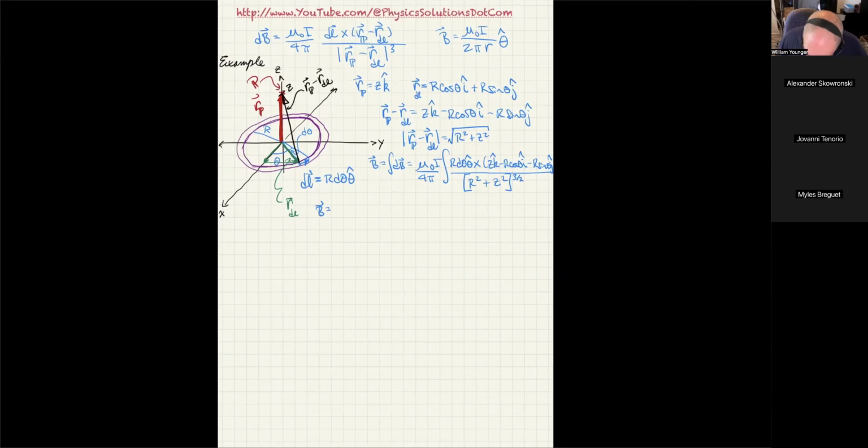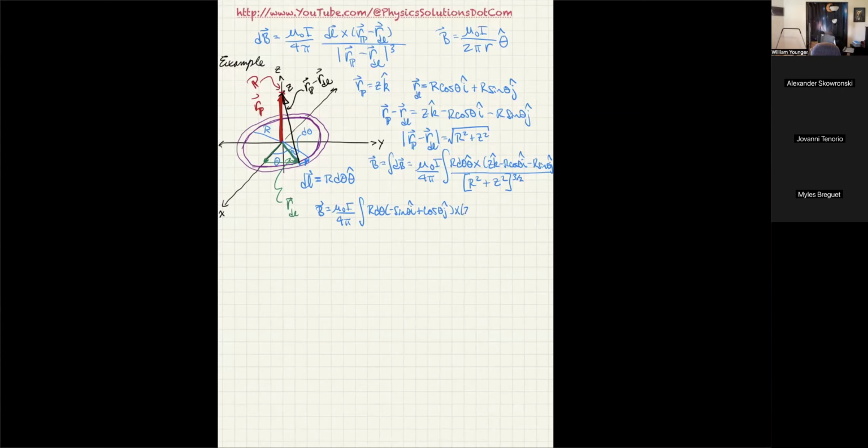Now, the big thing to understand with the theta hat is, last time I took the time to derive what theta hat is. This time I'm going to actually just use that result and compute the cross product accordingly. So mu 0 over 4 pi times the integral of r d theta. And then theta hat actually has negative sine theta i hat plus cosine theta j hat, is really what that theta hat is.